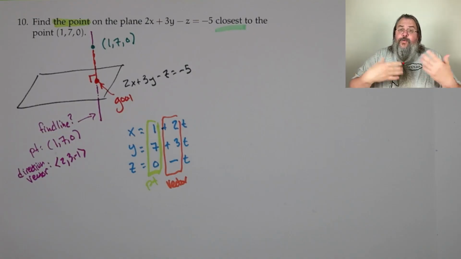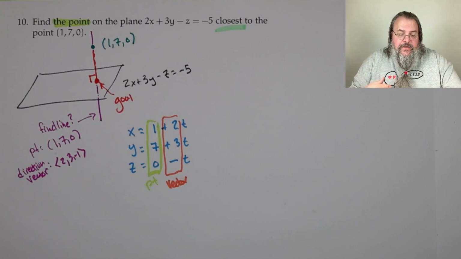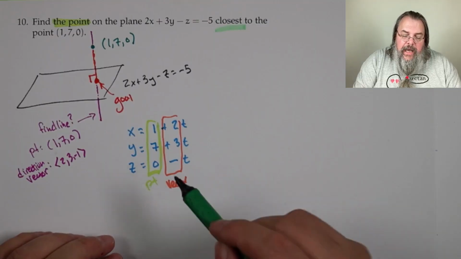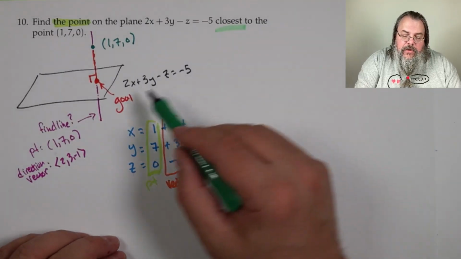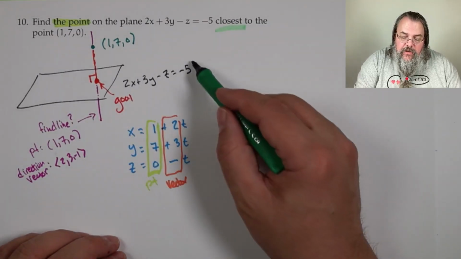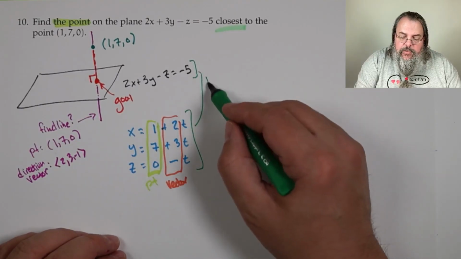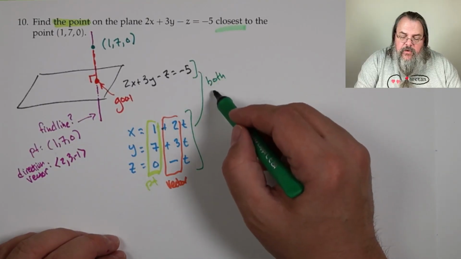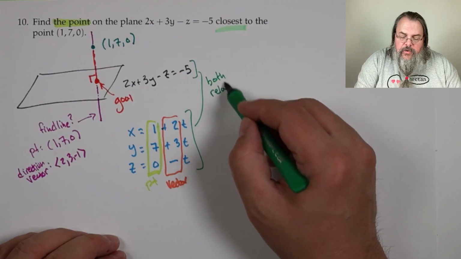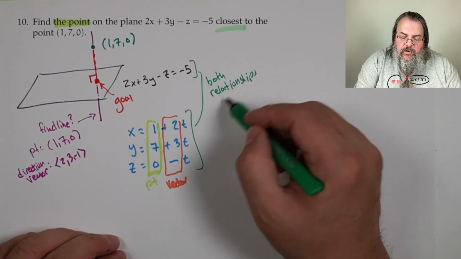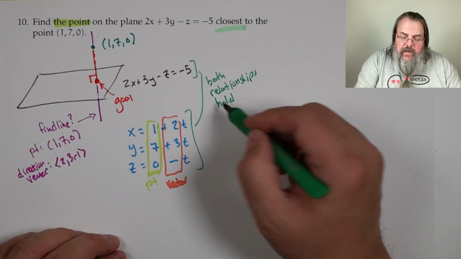It's just, where do two things intersect? And to answer that question, we know what x, y, and z look like as functions of t, and simultaneously we know a relationship between x, y, and z. So at the intersection, we need to have both of these formulas holding. Or you can say both sets of relationships need to hold.